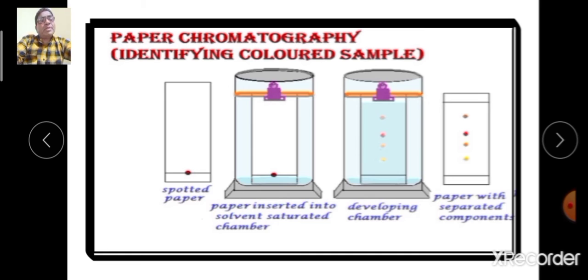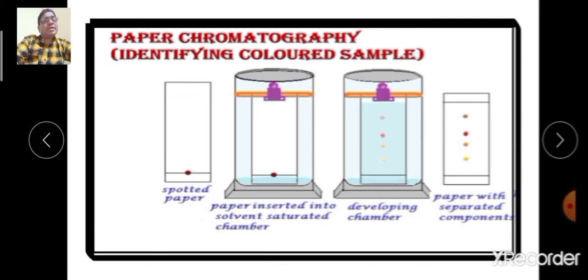After spotting the sample, the paper is dried and kept in the solvent chamber, which is saturated with solvent vapors. The diagram shows the paper kept with the help of a thread or glass rod, which is hung into the solvent chamber.